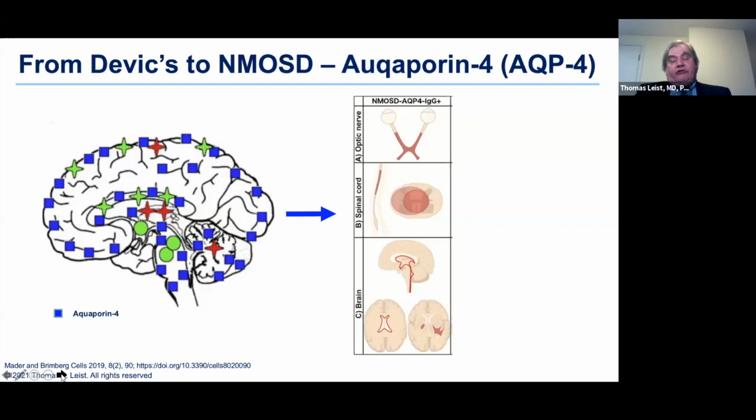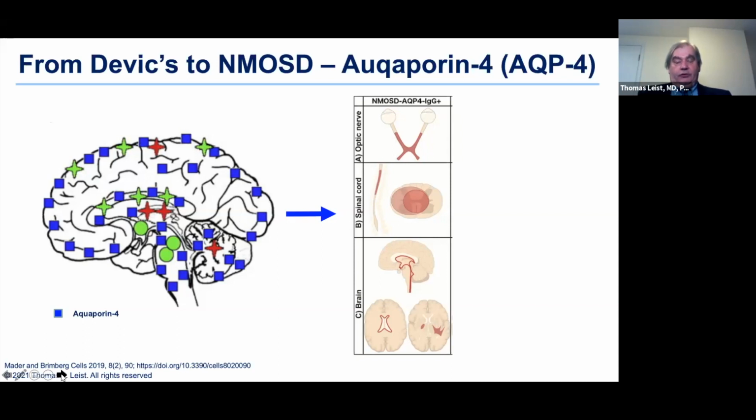And now, as we go through the conversation tonight, you will see that each one of these areas can lead to a specific clinical manifestation. Sometimes a person can have more than one of these areas involved, and that's why we have neuromyelitis.